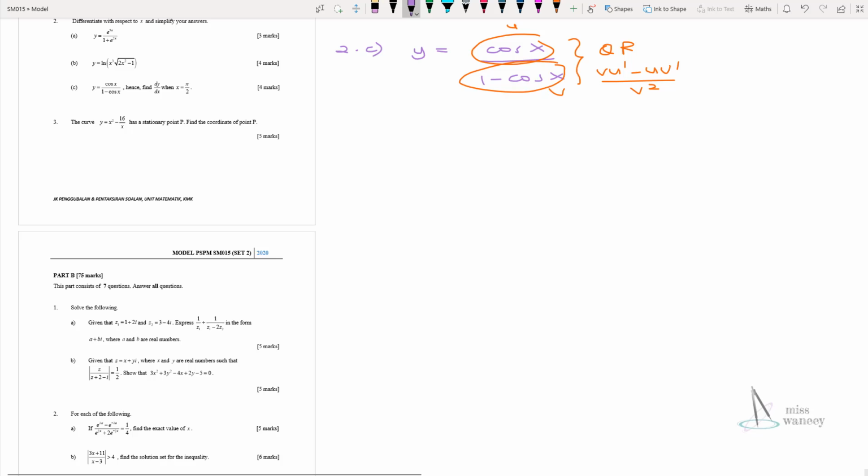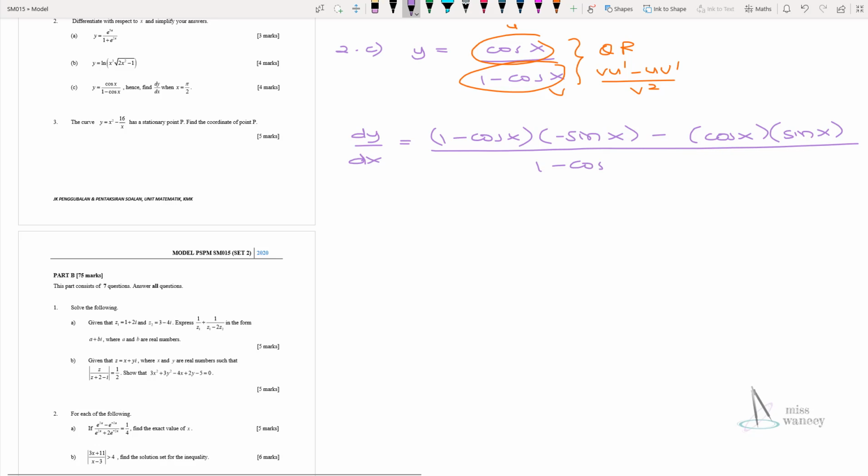Okay, so let us differentiate. So dy over dx. V first, 1 minus cos x. Differentiating cos, it will give us negative sine x, minus u, cos of x. Differentiating 1 minus cos x, it will become negative sine, so it will become positive sine of x over 1 minus cos x squared.